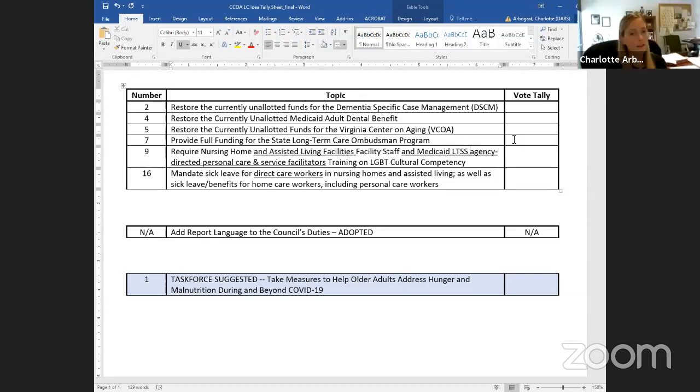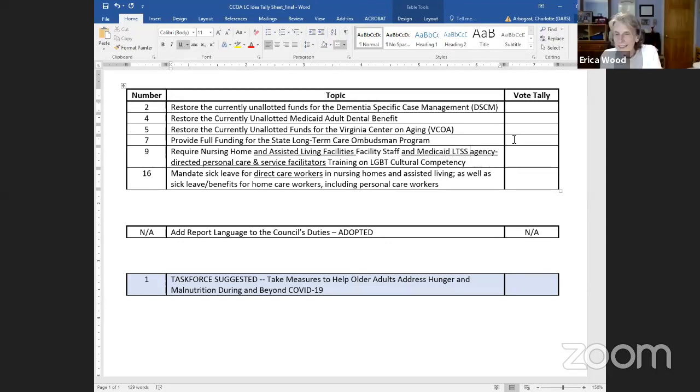Yes, that's why I'm trying to understand exactly what the breadth of this is, because home health is a different animal as well, and that could be paid for by Medicaid, Medicare, private insurance, or private pay. So the question is, did we want to include that group as well? How broad do we want to go?